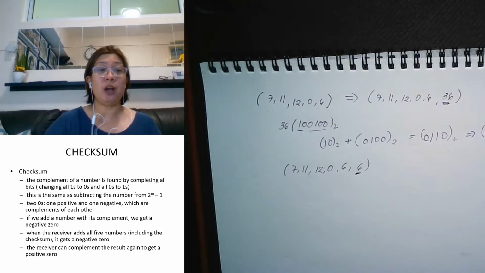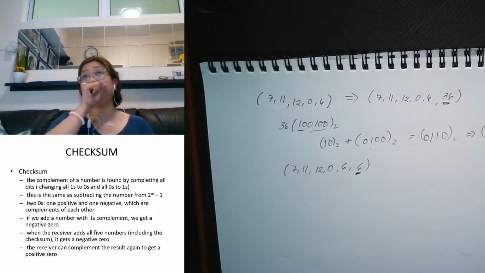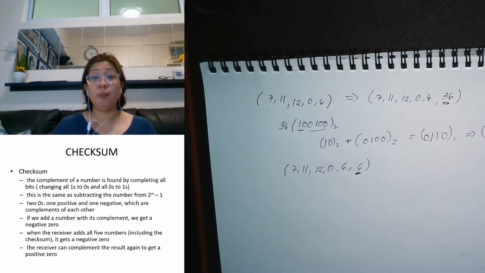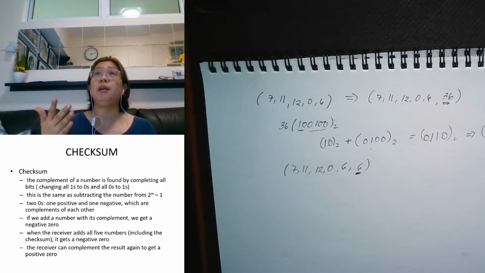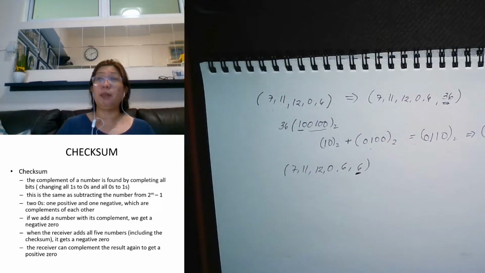We can make the job of the receiver easier if we send the complement of the sum as the checksum. Just as a review, in one's complement arithmetic, the complement of a number is found by complementing all bits.